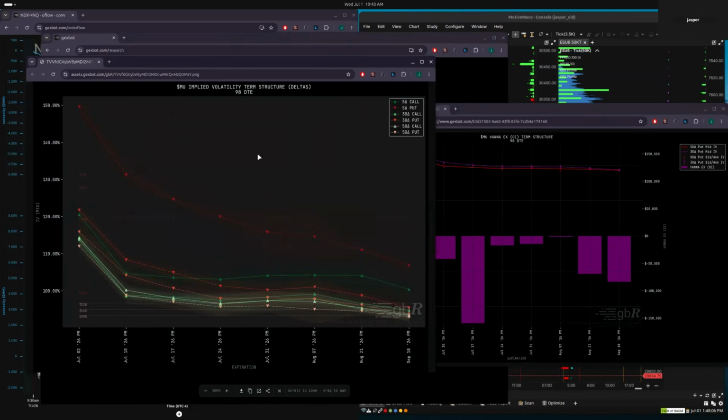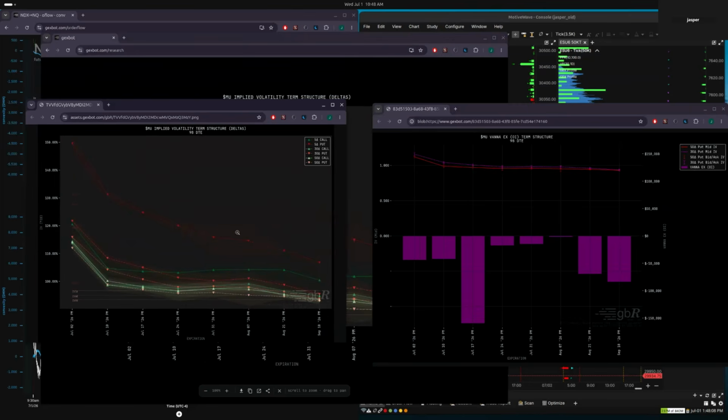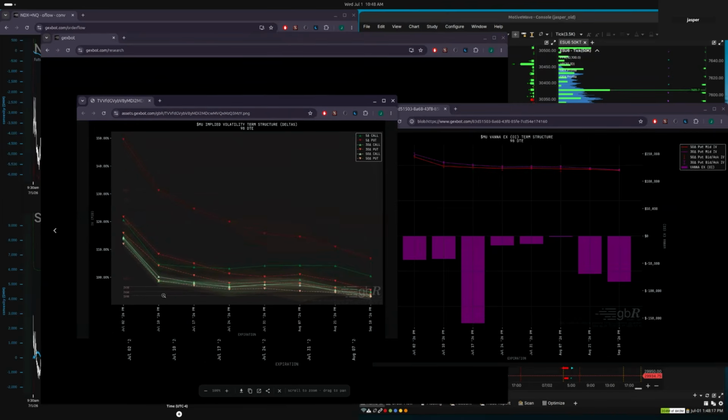So we know that primarily the Vanna of the position is all put side for July 17th. We also know that if we're just looking at the term structure, yes, the call vols are lifted on July 17th relative to the at the monies, which is quote unquote abnormal, but this is not too abnormal.